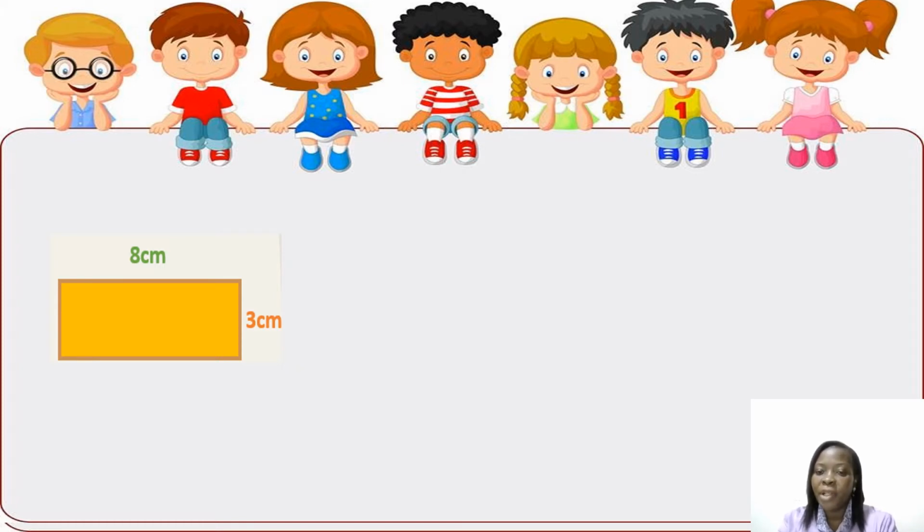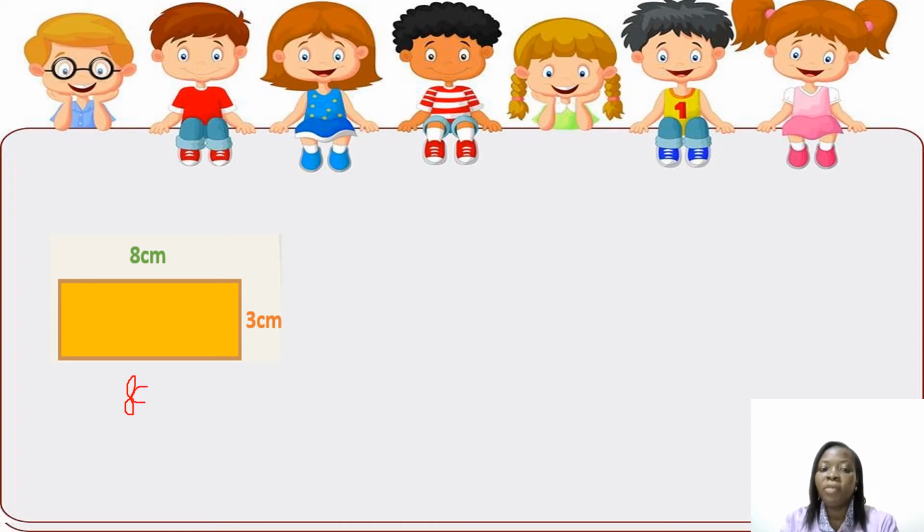Okay, now previously we learned that to find the perimeter of a rectilinear shape like this rectangular shape is to add up all the sides. Now, if this side is 8 centimeter, it also means that this side is definitely going to be 8 centimeter as well, because opposite sides are the same.